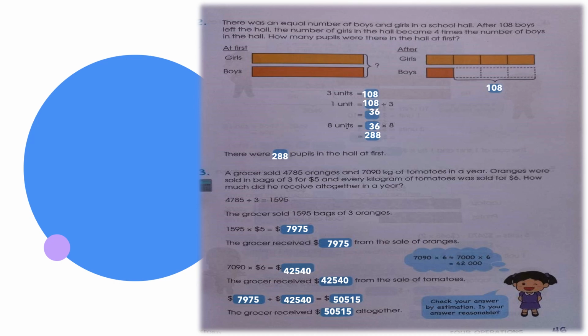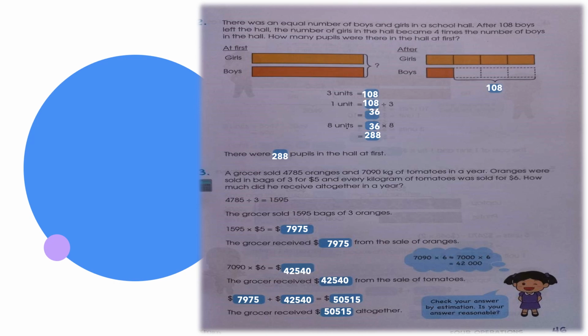How much did he receive altogether in a year? First of all, we are going to divide the total number of oranges by 3. Reason? Because oranges were sold in a bag of 3.